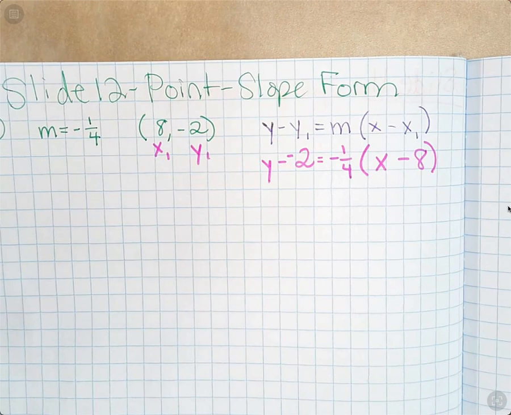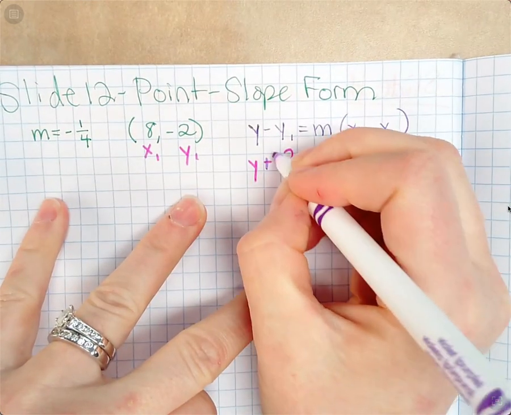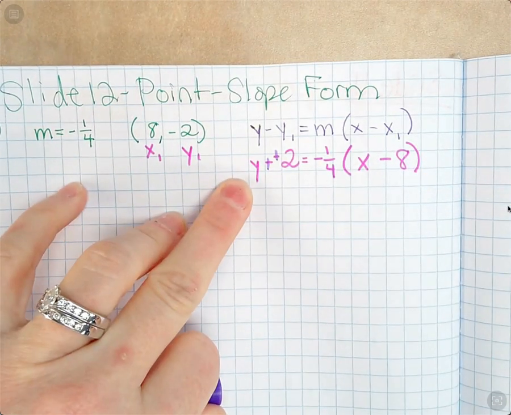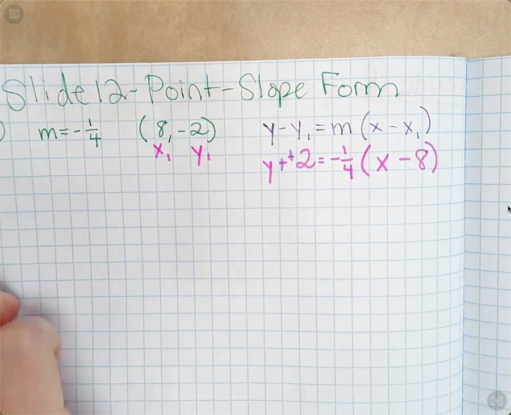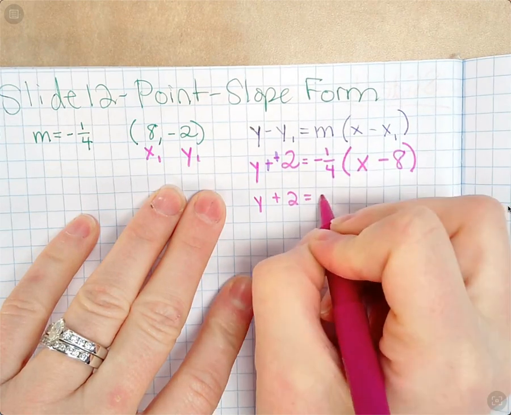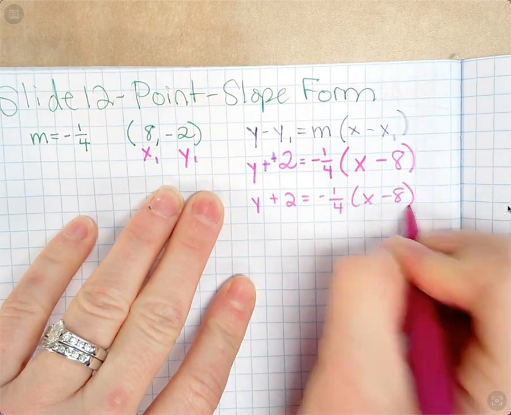So now we are going to get rid of the double negatives. Anytime you see a double negative, so there's a double negative there. That one doesn't have one. So now we'll rewrite it. y plus 2 equals -1/4, parentheses, x minus 8.